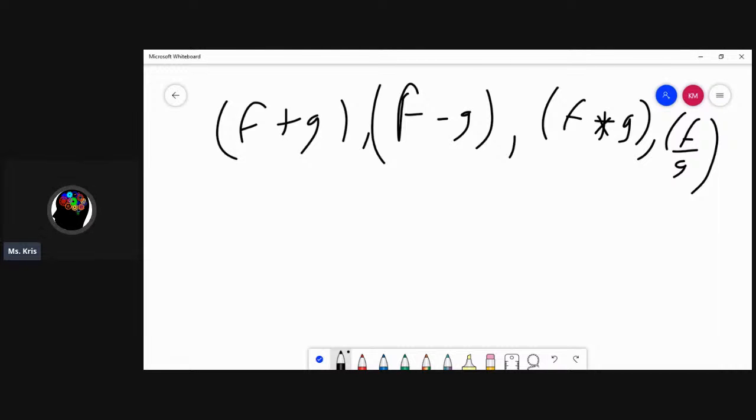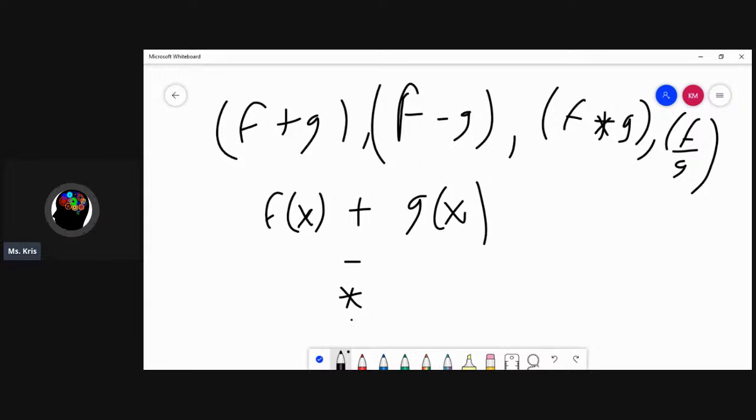Usually you see this when you have 2 functions, f of x and g of x, and you are doing the operations of both of those. So you either add them together, subtract them, multiply them, or you're dividing them by each other. And you tell the domain and range based on what you've added, subtracted, multiplied, or divided.